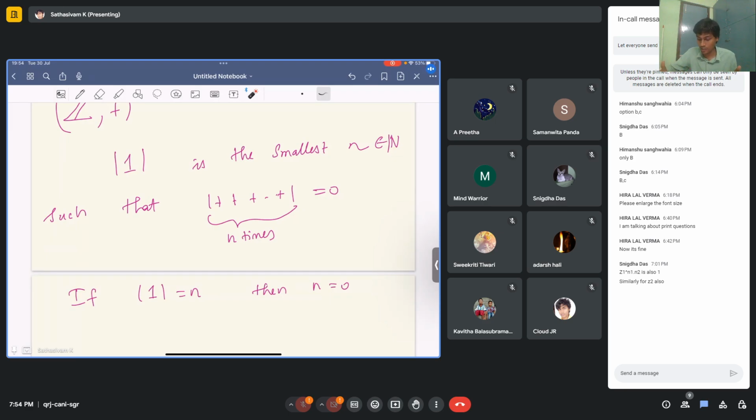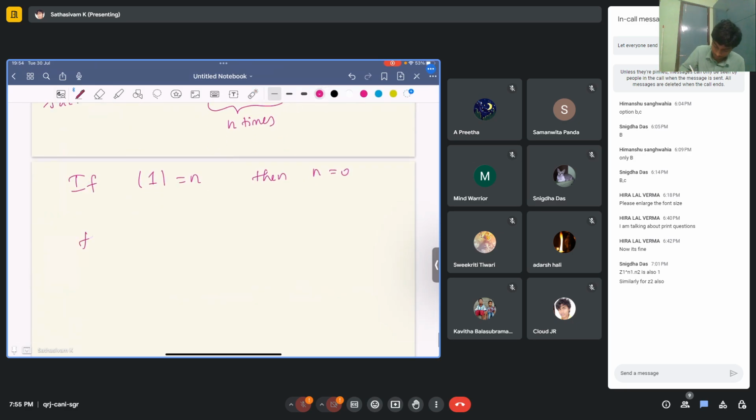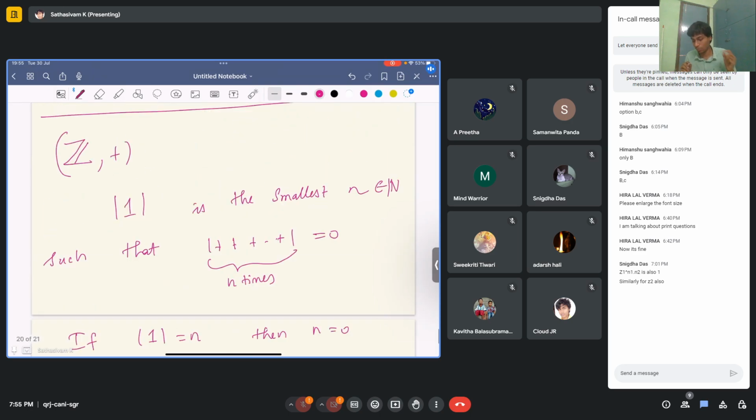There is no such n, so we say the order is infinite. Thus the order of 1 is infinite. So in the simplest example that you know, the order does not exist.